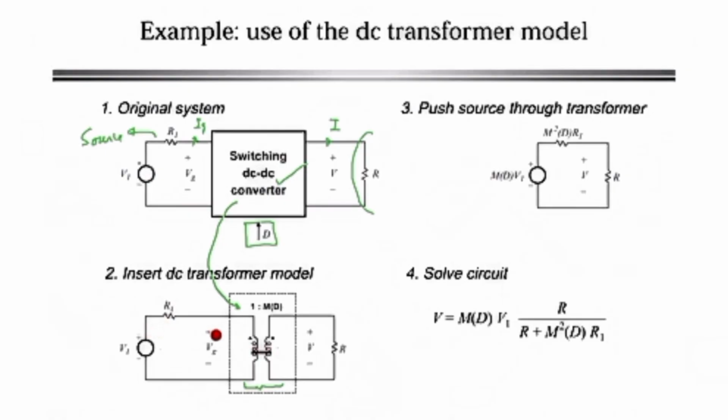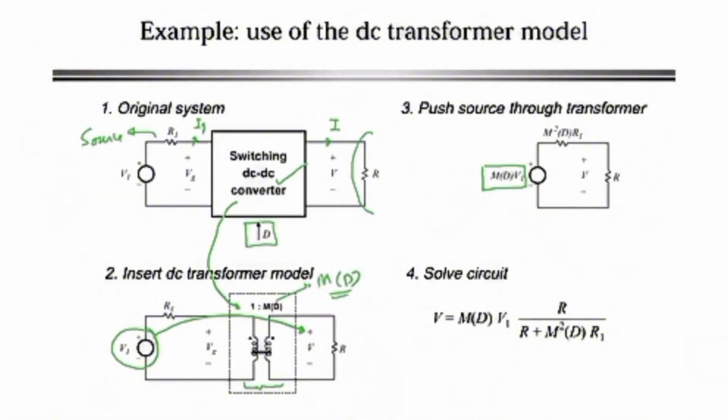When we push the sources into the transformer, they will be multiplied by the ratio; the resistance by the square of the ratio, that is M of D in this case. So when we push the source into the transformer side, it will be modified. When this voltage is moved to the other side, it will be equal to M of D times Vg. So it will be modified by the factor M of D.